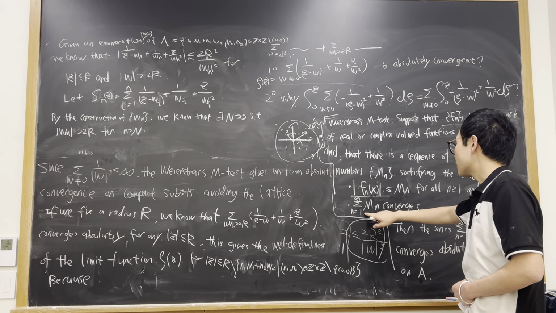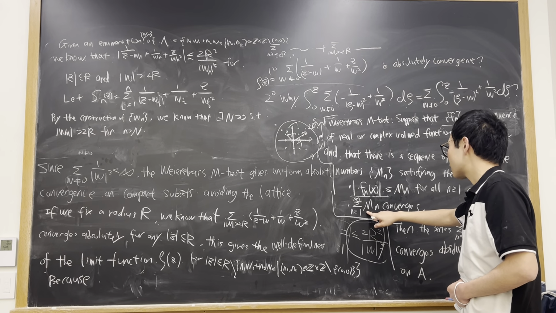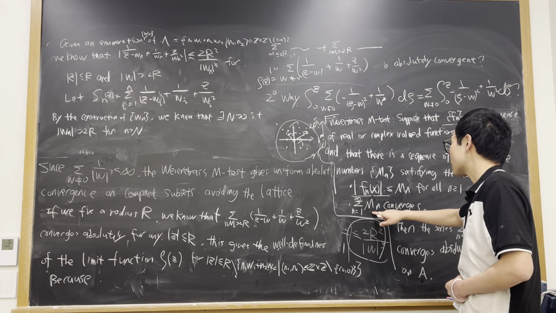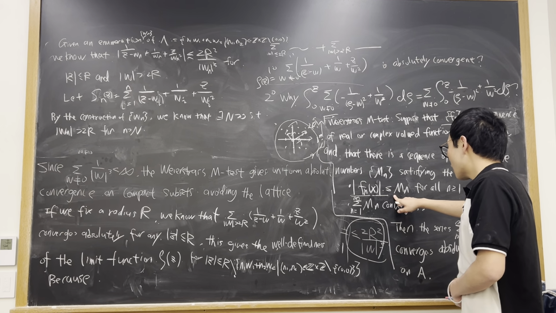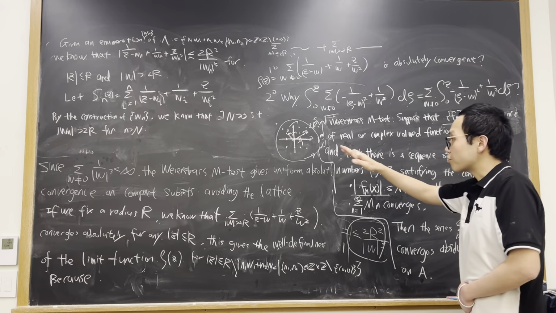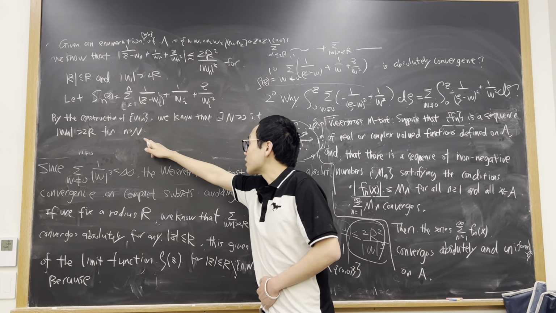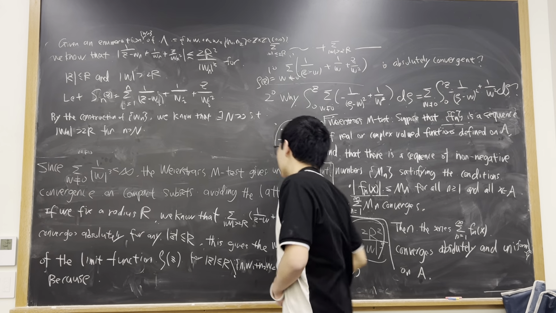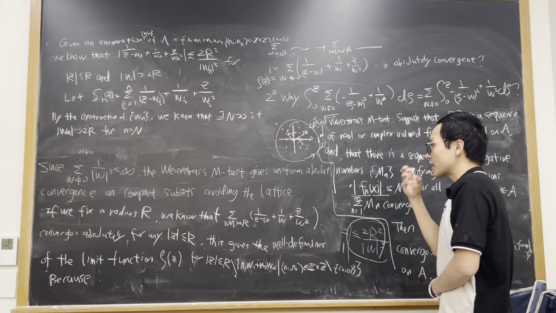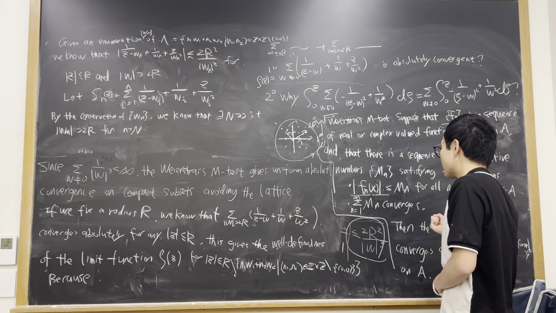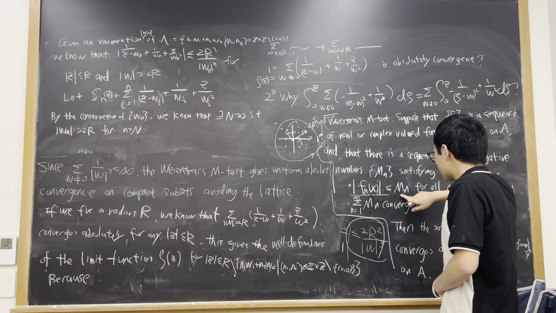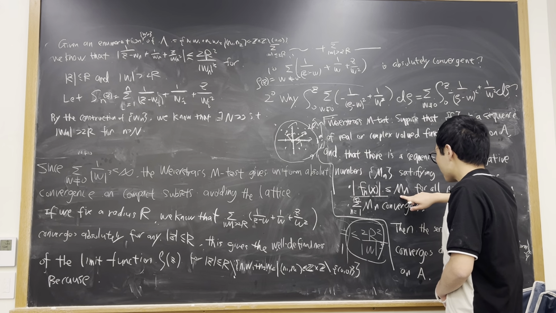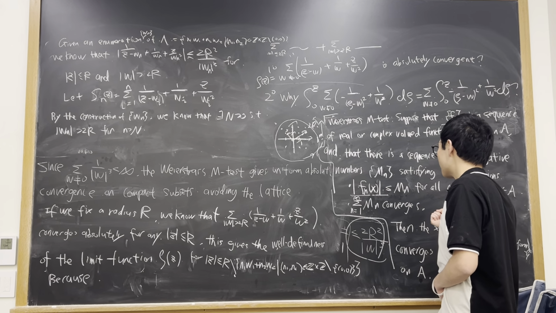Namely, the sum converges. But for those n's where n is less than or equal to the capital N, because there are finitely many terms, for each of the terms, the bound is just a finite number.